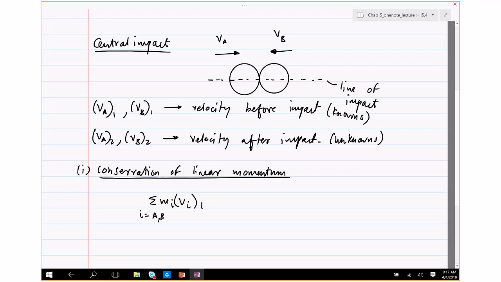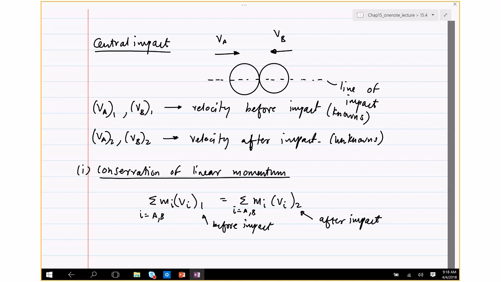So the sum of MIVI1, where the 1 indicates before impact, equals the sum of the momentum after impact, so MIVI2, I equals A and B. This is after impact. Now that equation is one equation which has both these unknowns. So one equation will not be able to solve for the two unknowns, so we need to generate another equation.